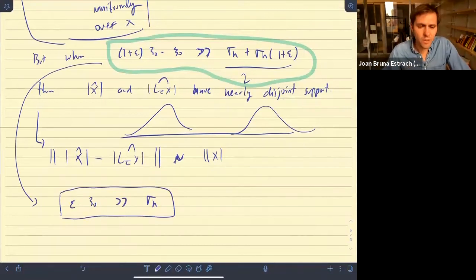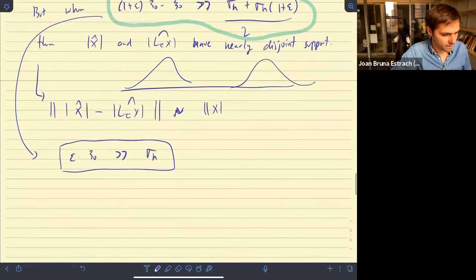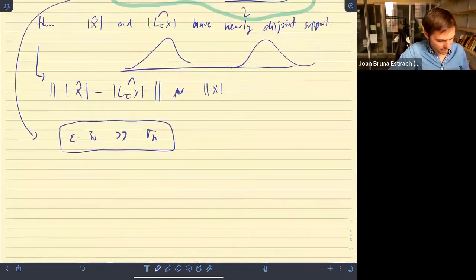So it means that even if I choose epsilon that is very, very small, there will always be a choice of central frequency, right? If psi 0 is sufficiently large, this thing is not going to work, right? So then I'm not going to have this stability. So what it means is the conclusion, right?